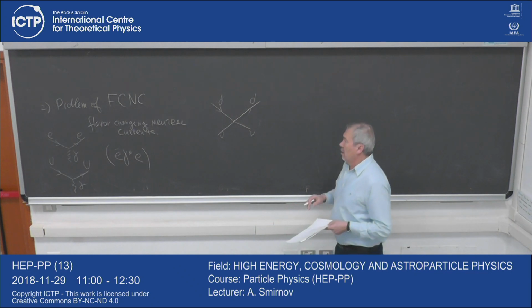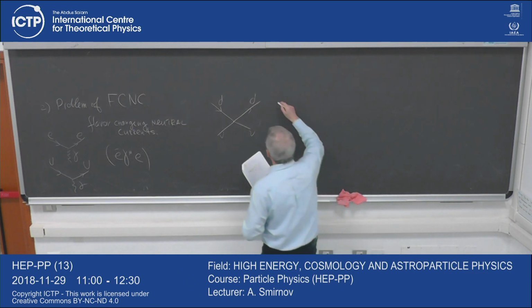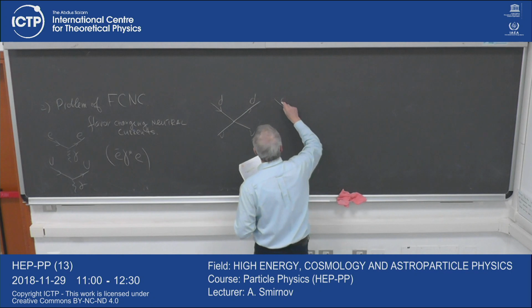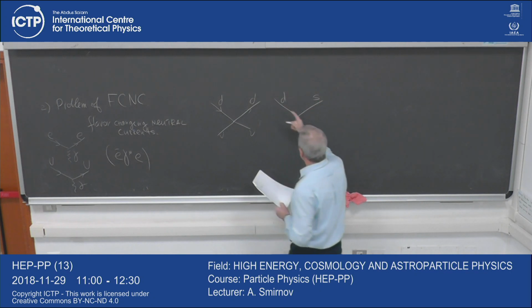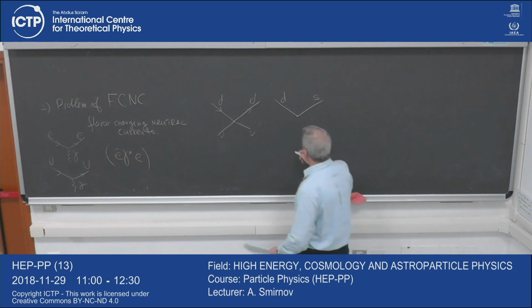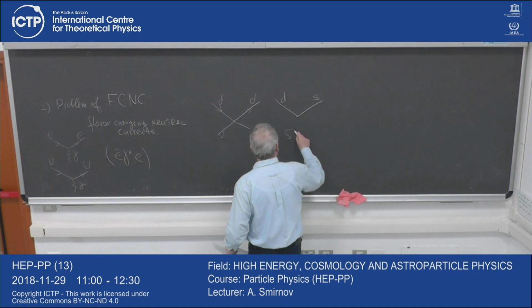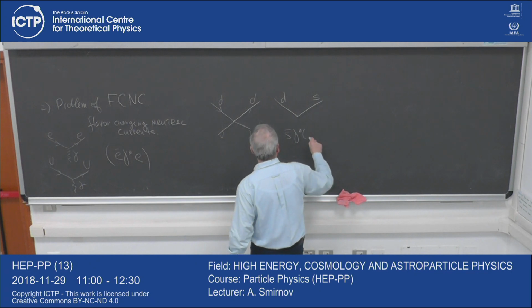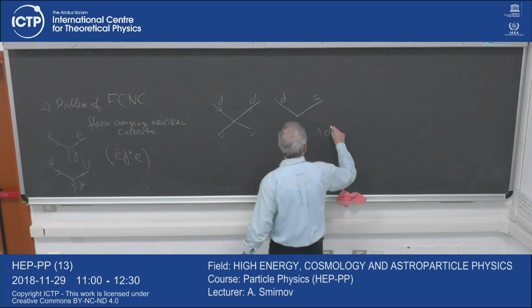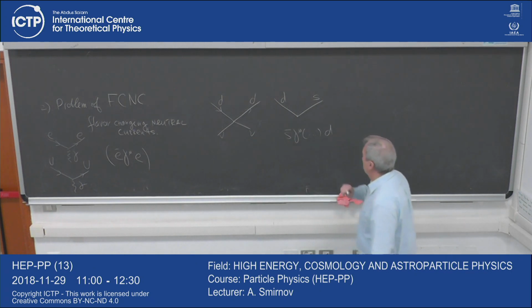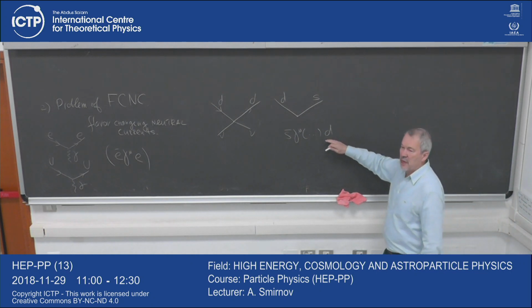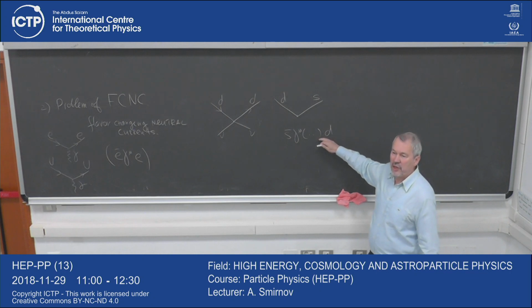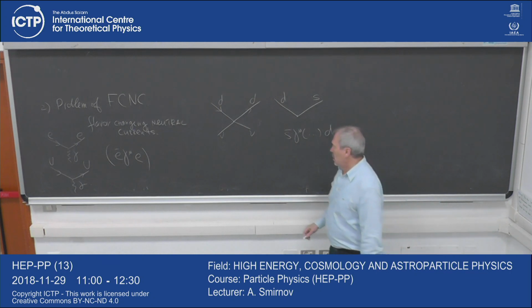But we may, in principle, also introduce a transition of a d quark to an s quark. So the current of this type is s gamma mu with some structure and then d. That would be the current responsible for such a transition. This is an example of so-called flavor changing neutral currents.